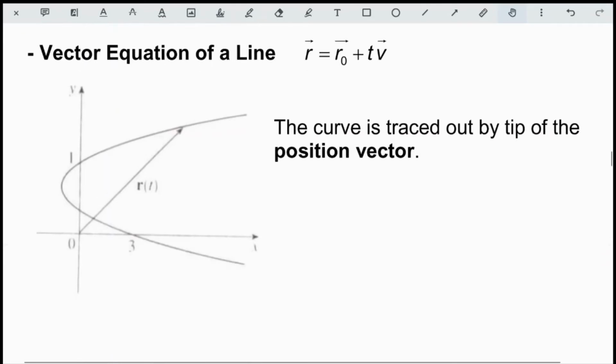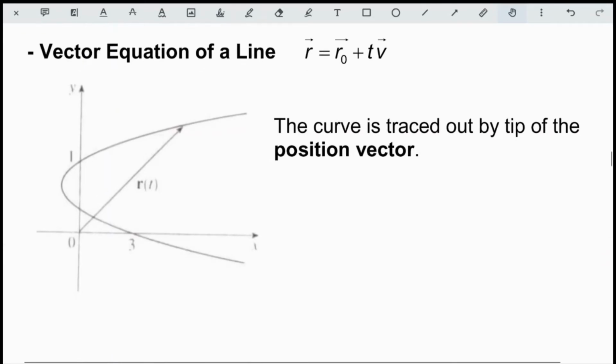Okay, so a vector equation of a line. We have a lot of different ways that we can represent the equation of a line. We can do it in just our typical rectangular form, y is a function of x. We can do it in a parametric form, and we can do it in a vector form. When we do it in a vector form, we're essentially creating a position vector.